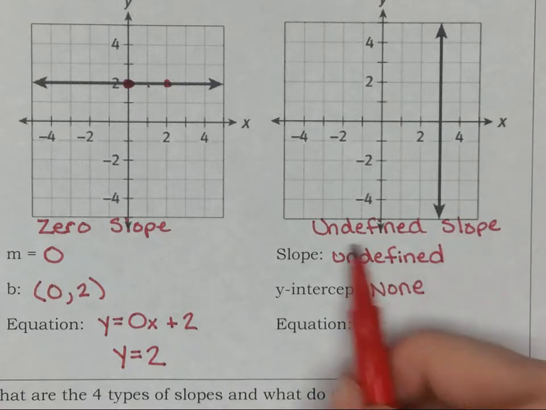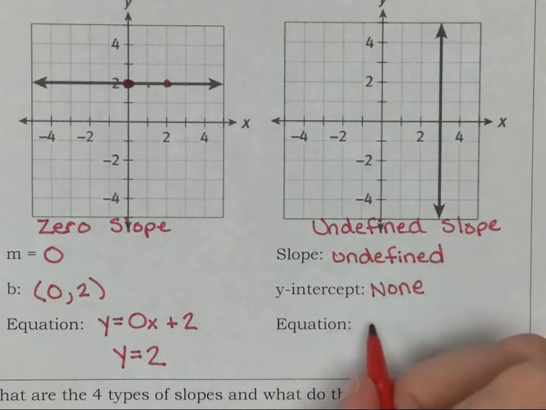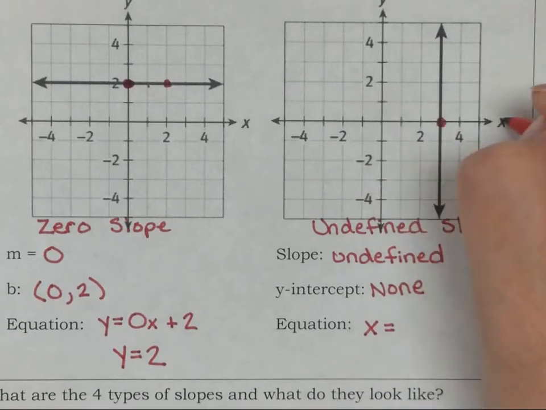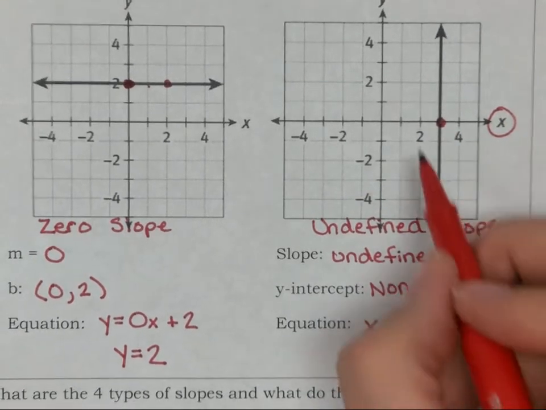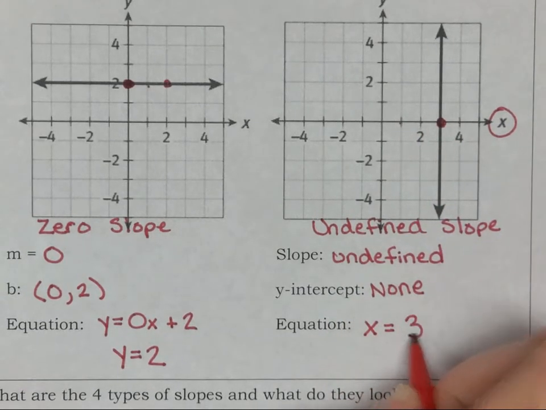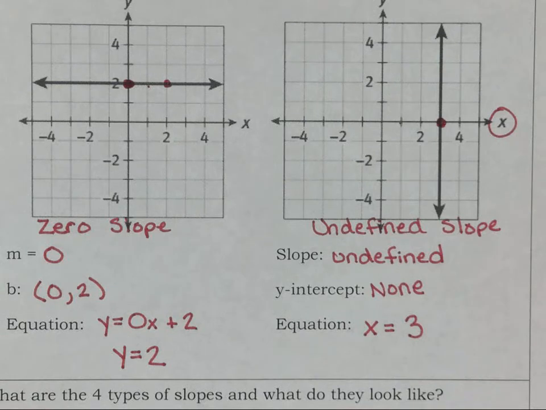And so if I don't have a y-intercept and my slope is undefined, my equation is x equals. And it's x equals where it crosses the x-axis. So this one crosses at 1, 2, 3, so my equation is x equals 3. And we're really going to talk about how to graph all of these and check them in the calculator.